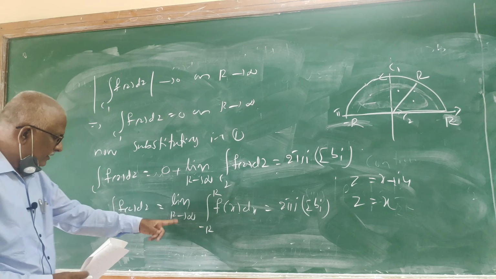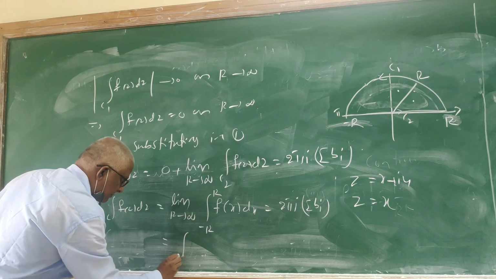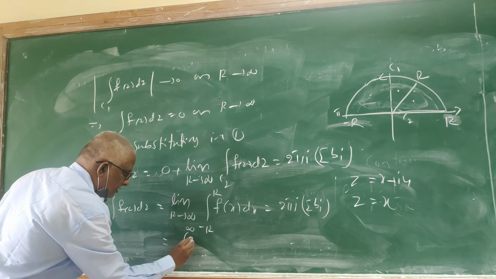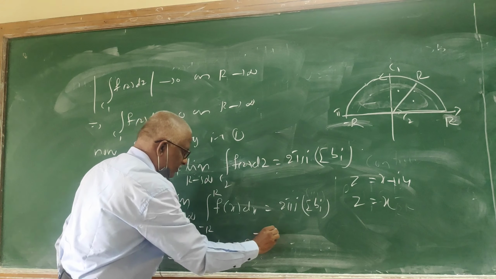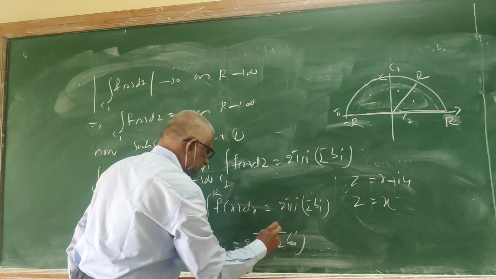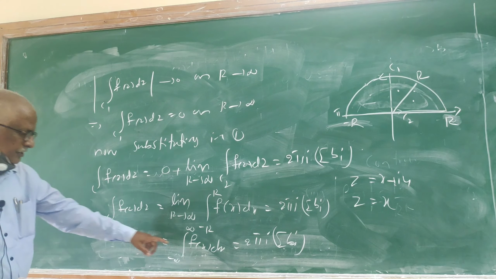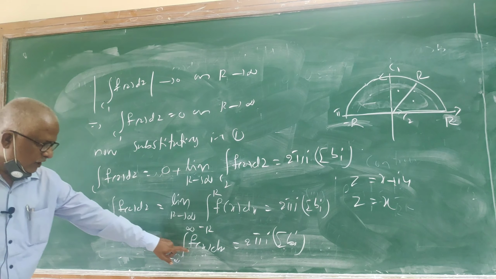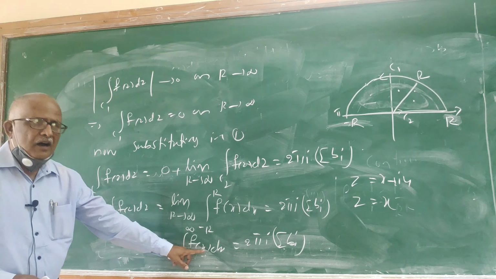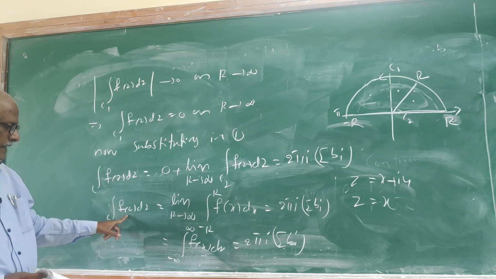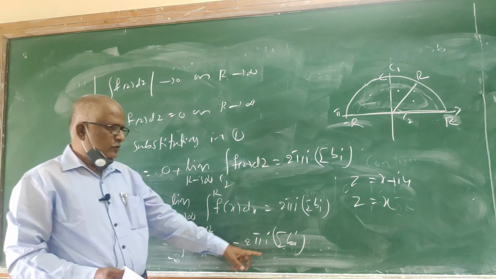So if the limit as r tends to infinity, the integral from minus infinity to plus infinity of f of x dx is equal to 2 pi i into sigma of the residues. And that proves that. In comparison, the integral by means of replacing z by x or x by z, ultimately the value of the integral is equal to 2 pi i into sigma of the residues.